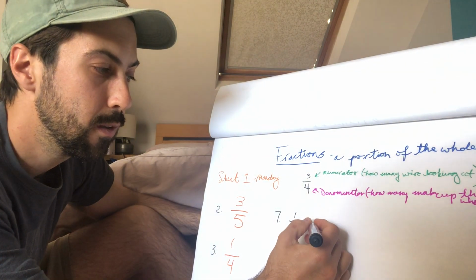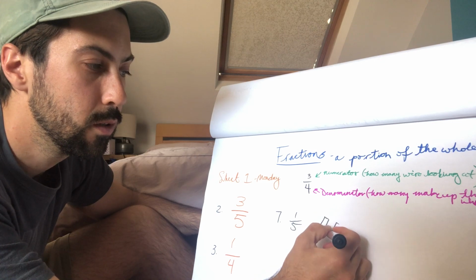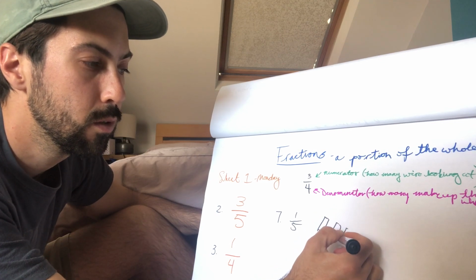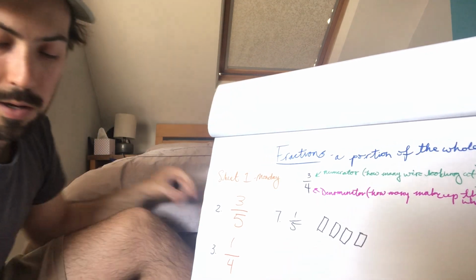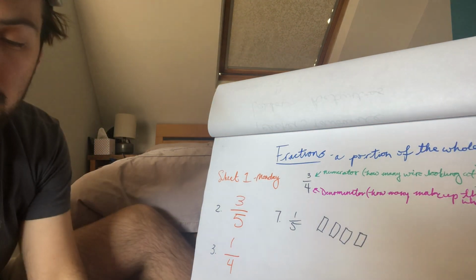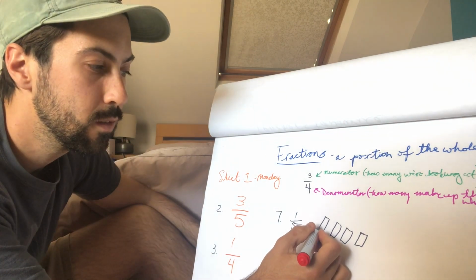Well, maybe I've got the bars here. 1, 2, 3, 4, and maybe they came in a red packet, like a Twix.